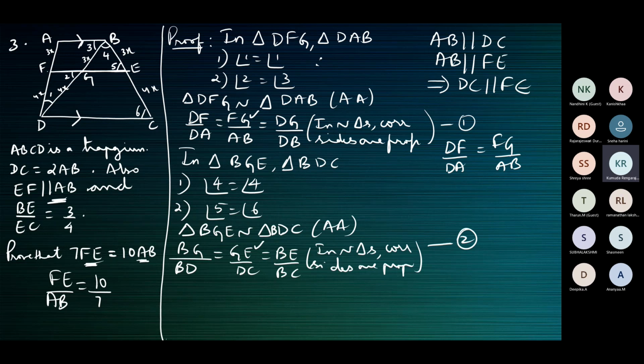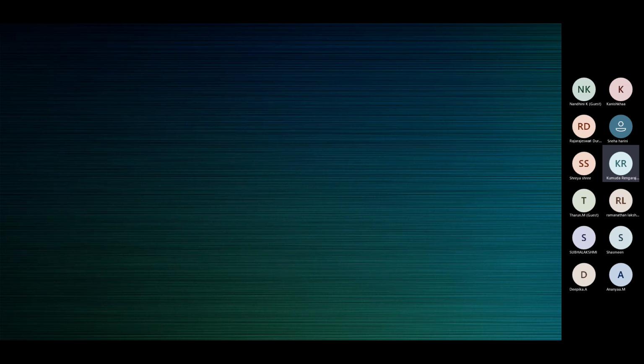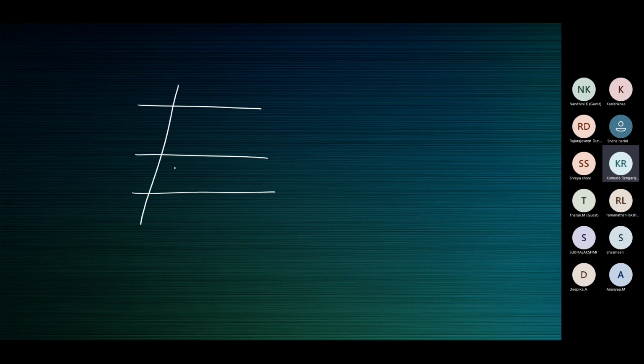If three parallel lines are intersected by two or more transversals, the ratio of the intercepts on one transversal is the same as the ratio of the intercepts on any other transversal. You can have three or more parallel lines also.